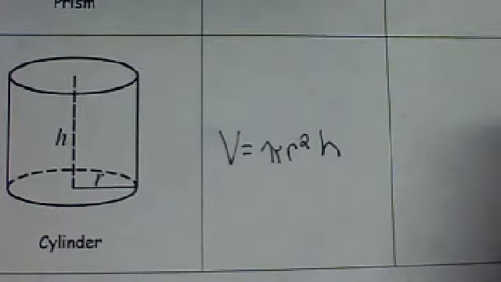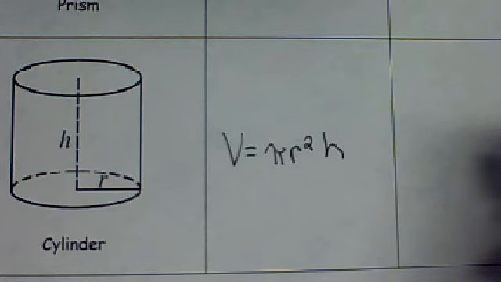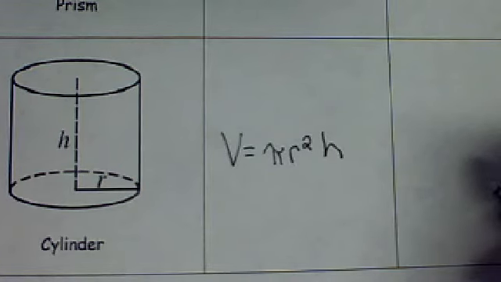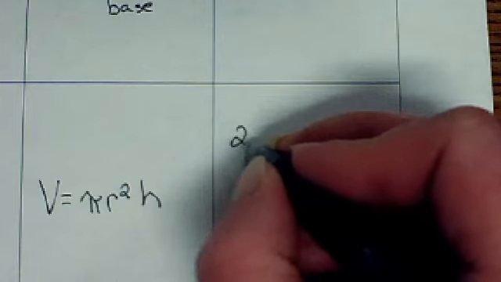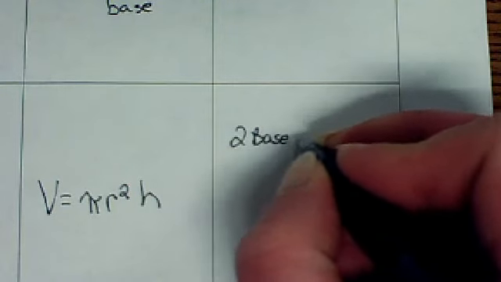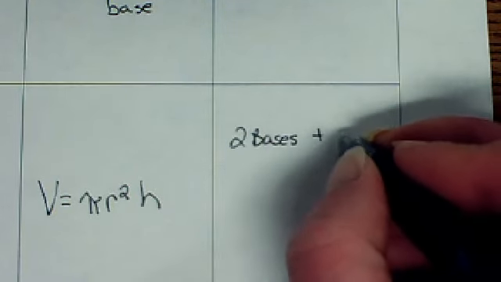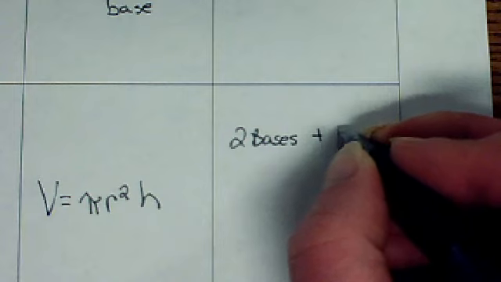Does anybody remember that? Well, we have the two circles, the top and the bottom, so you have your two bases, plus that curved surface that's going around, the lateral side.